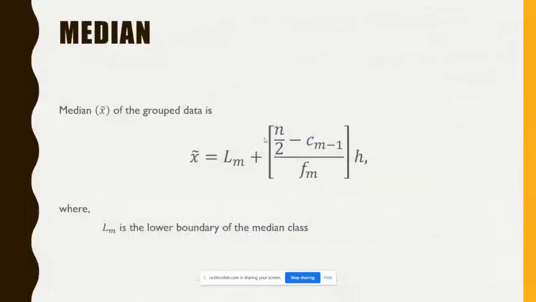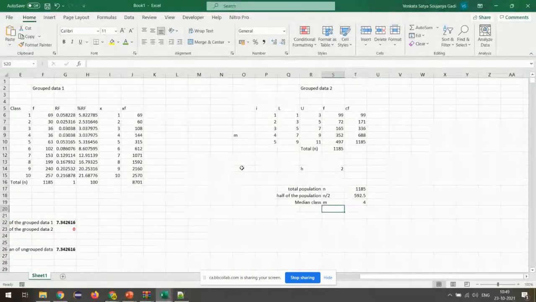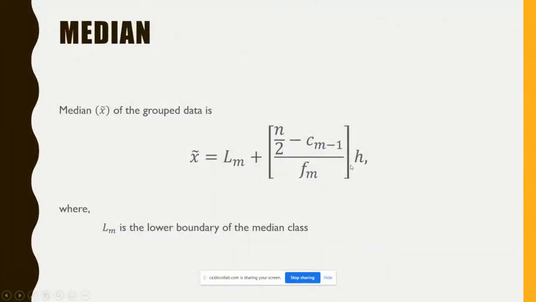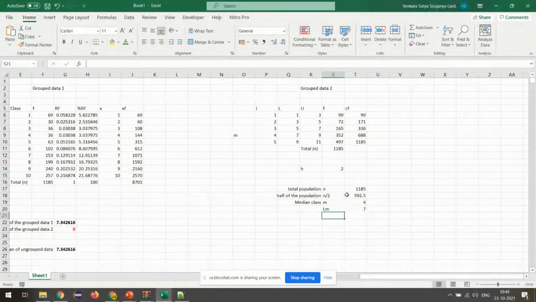Okay, so we want the lower boundary of the mth row. So let us say LM, the lower boundary of M, which is the lower boundary of the mth row, is equal to 7. And then we need n divided by 2, which we already know is 592.5.